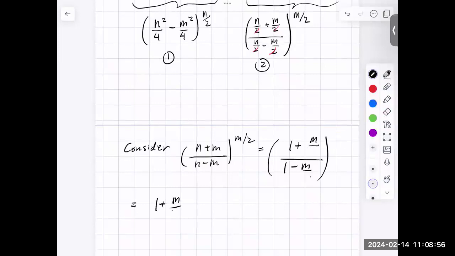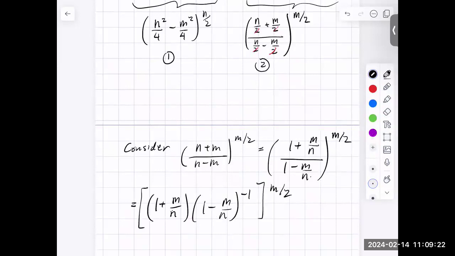I factored out an n, right? So there's an n, and here is 2. So we have one of these in the numerator and one in the denominator. So it's 1 plus m over n times 1 minus m over n raised to the minus 1, and then all of that raised to the m over 2. So now this is the time when we're going to make our first next approximation.